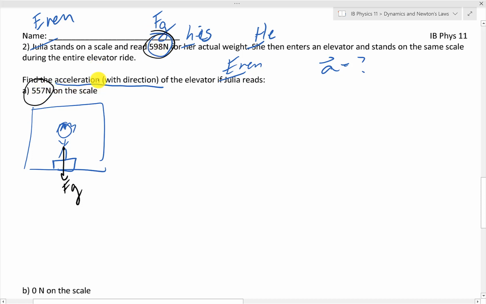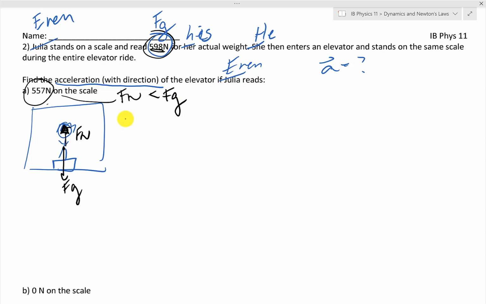We know that the reading on the scale in the elevator gives us our normal force, so we're going to draw the normal force a little bit less than his FG. From the previous video, we know that when the normal force is less than your force due to gravity, your actual weight, you feel lighter, which means the elevator must be accelerating in the downwards direction. So we got the direction already.